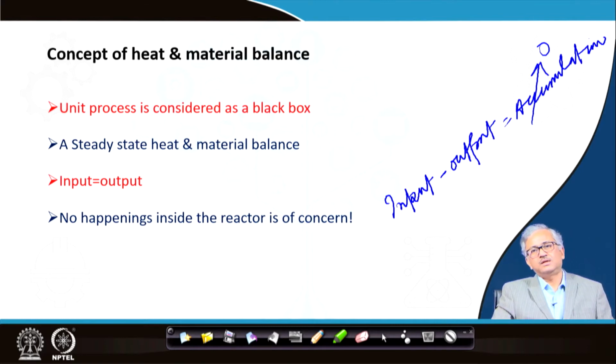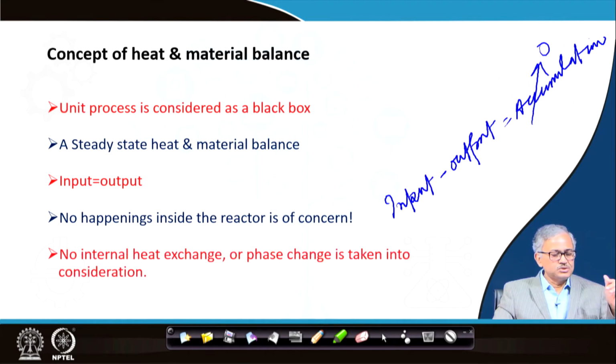There can be a lot of heat exchange inside, between gas and solid, the direction of heat exchange can change, and different types of intermediate phases can form. All these things are not of concern; no internal heat exchange and phase change is taken into consideration.